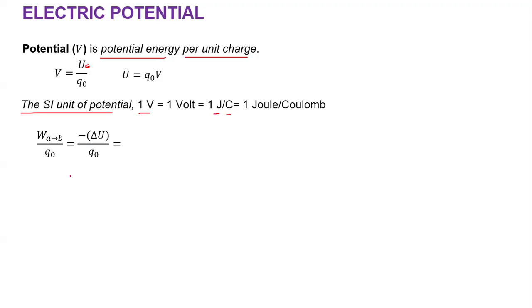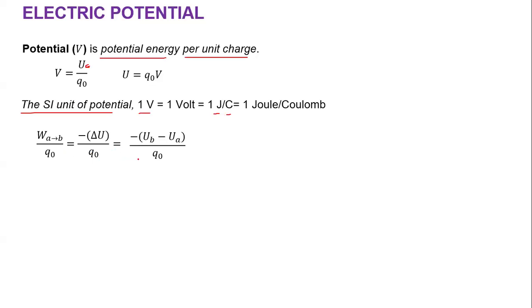Okay. So we already derived that the work from A to B over Q sub O is equal to the negative change of electric potential energy.